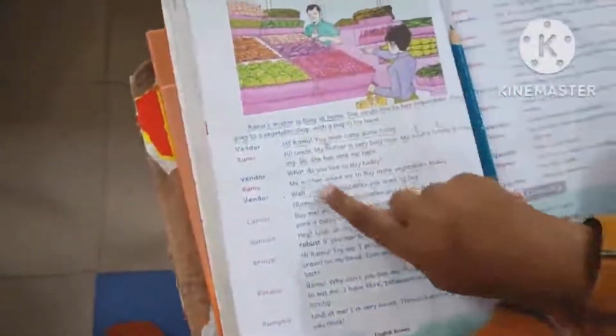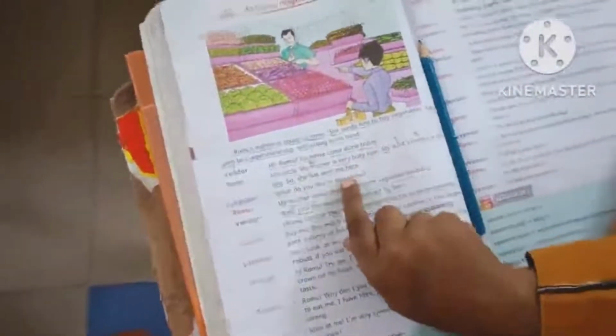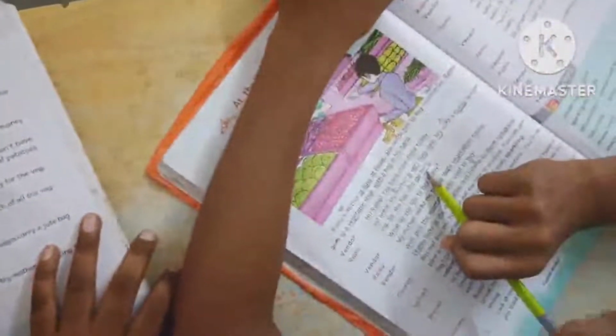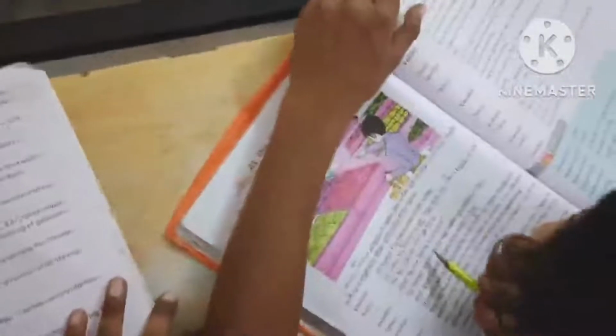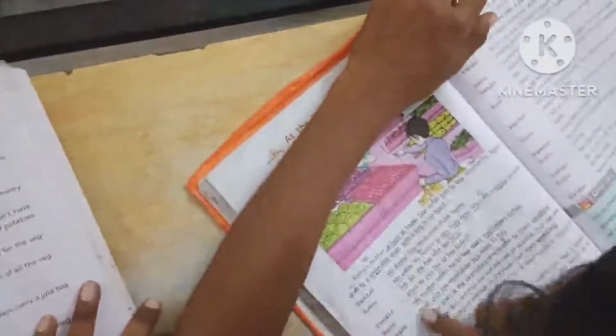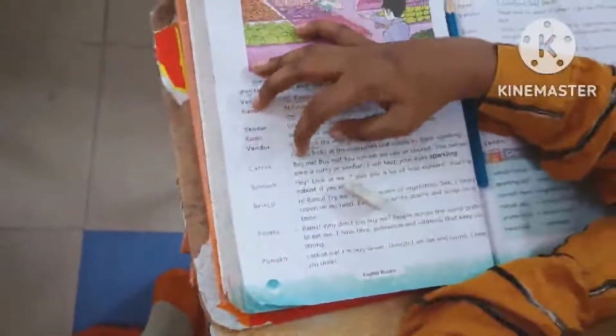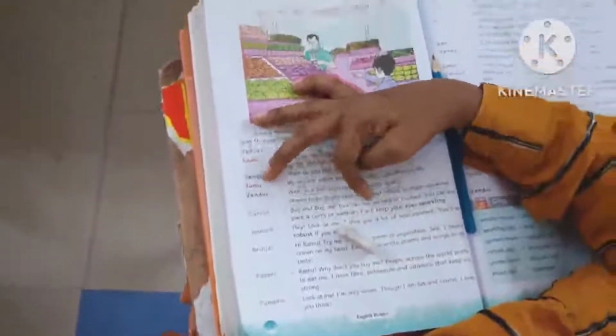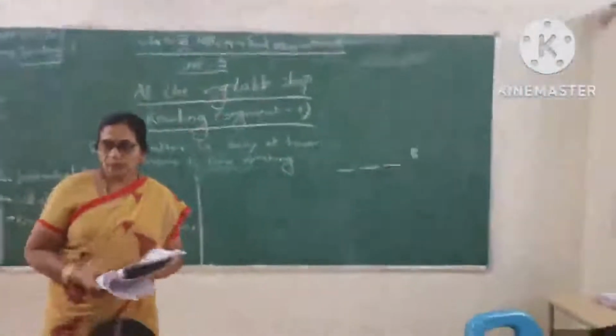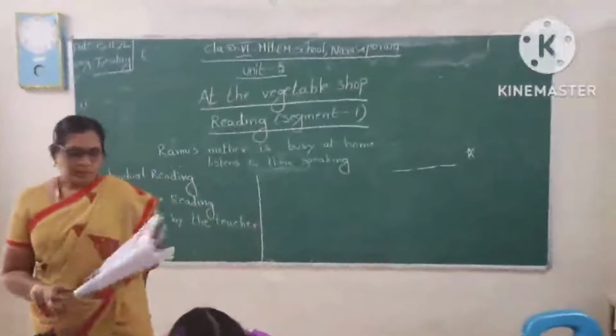So she has sent me here. Vendor: What do you like to buy today? Ramu: My mother asked me to buy many vegetables today. Vendor: Well, pick the vegetables you want to buy. Ramu looks at the vegetables and listens to them speaking. Okay, children? Now I think you got how to read this paragraph.